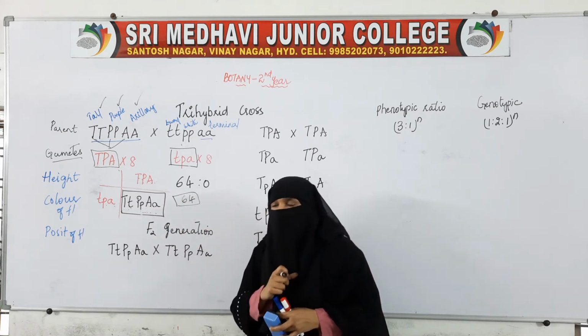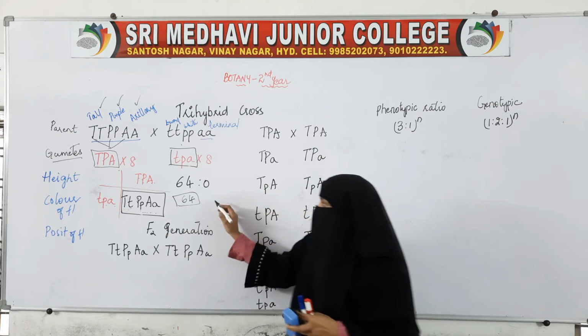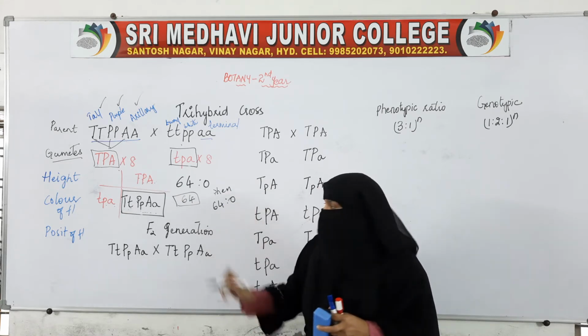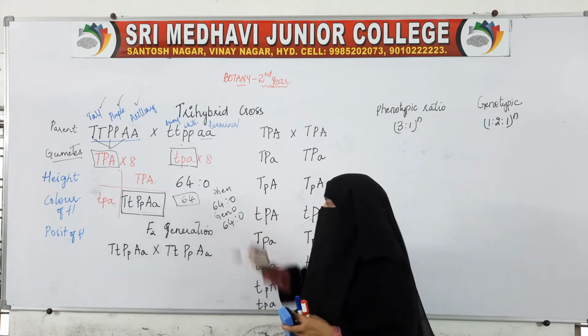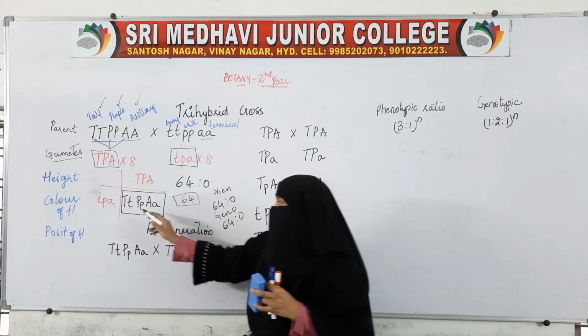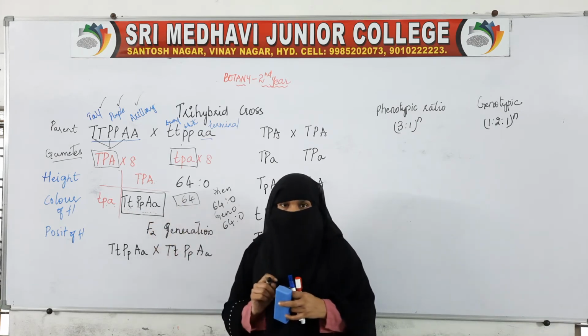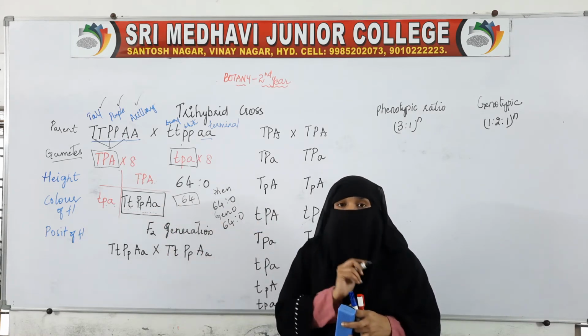So in the F1 generation, the phenotypic ratio will be 64:0, and the genotypic ratio is also 64:0, because all of them will show tall, purple and axillary flowers. Because in the F1 generation, whatever we get shows the dominant traits.